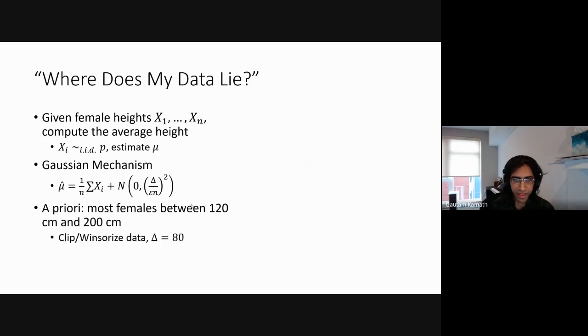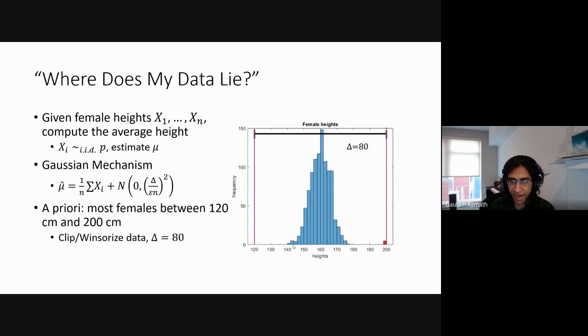More realistically, we would say, okay, anything outside the range 120 to 200 is garbage data, it's bogus, it doesn't actually exist. Instead, just either remove the point entirely or round to the nearest endpoint of this interval, 120 to 200. And then you can take the empirical mean and noise it based on this.